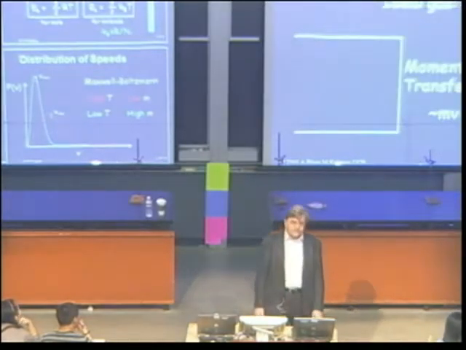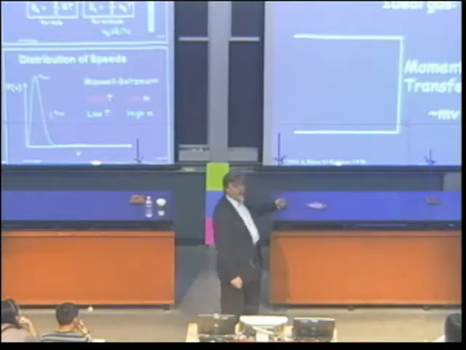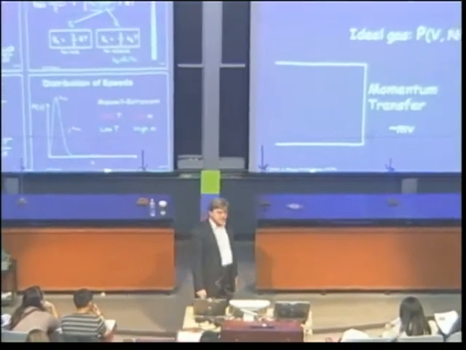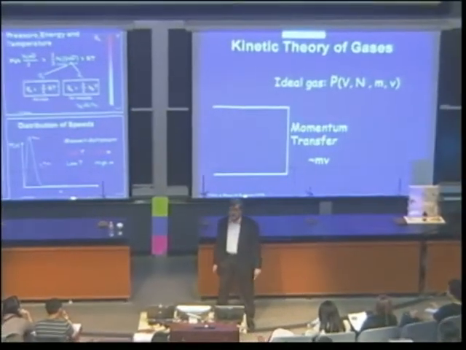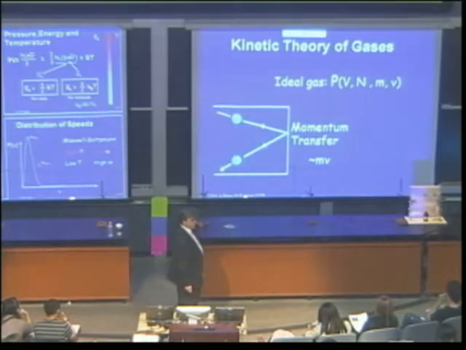If you have an ideal gas, it's all about the momentum transfer on that wall. That is what causes the pressure. To understand momentum transfer a little better, the atom bounces into the wall and bounces back, and this is an elastic collision.